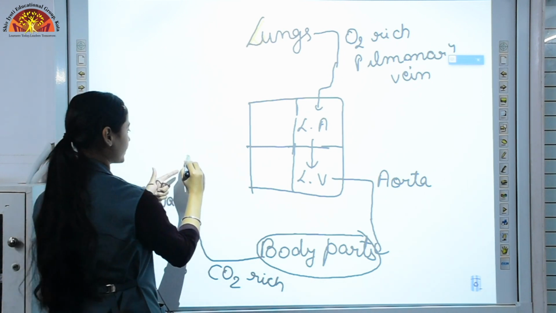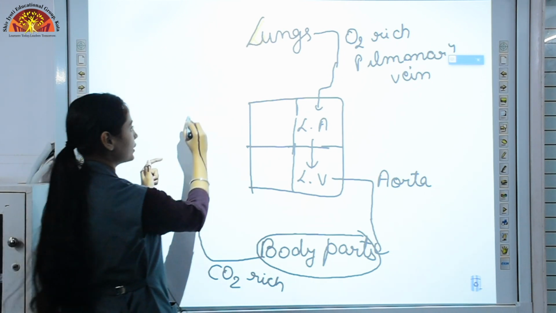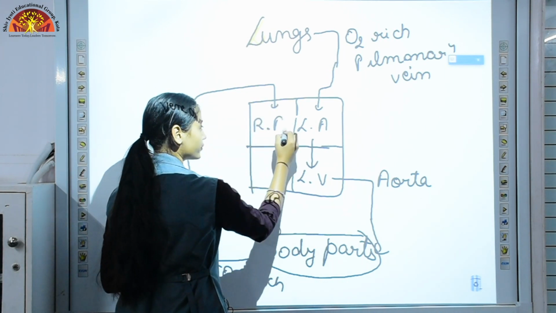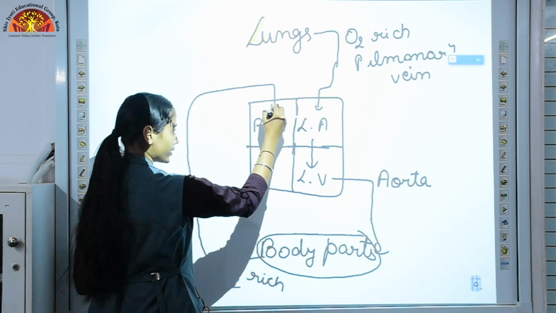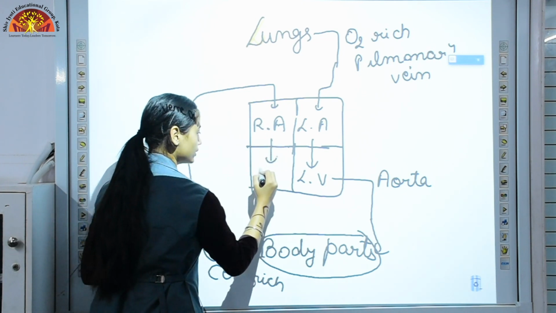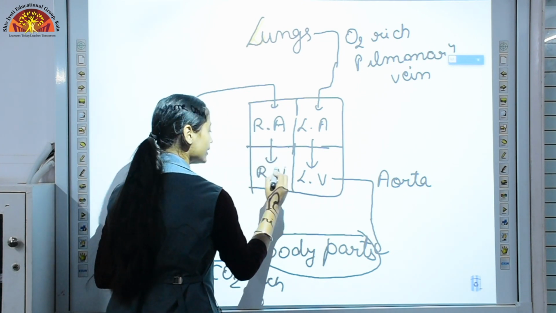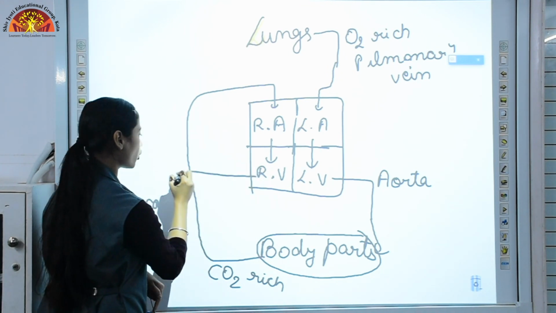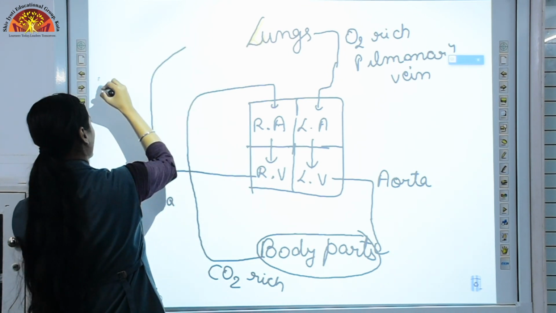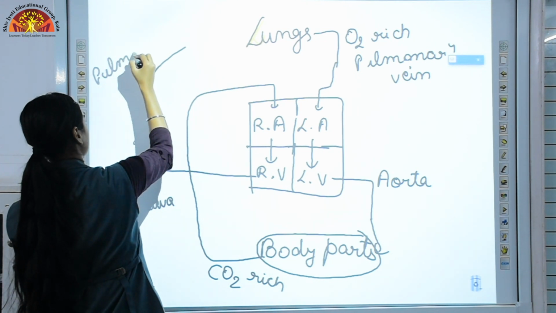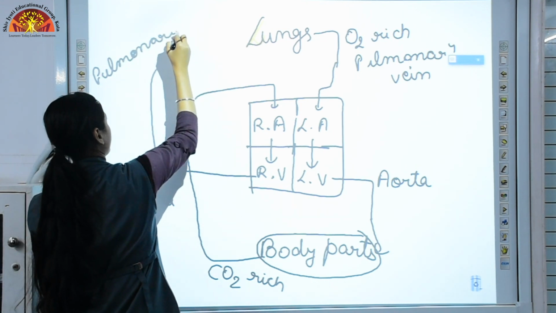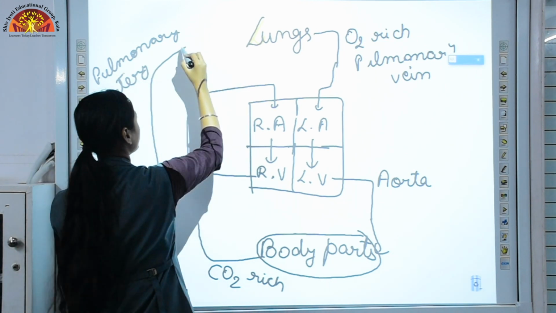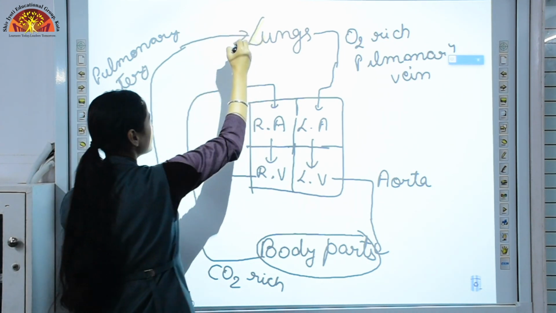Now through this vena cava, this carbon dioxide rich blood will enter in right atrium. Through right atrium it will move to right ventricle, and from right ventricle with the help of pulmonary artery, next exception, pulmonary artery, it will be sent to our lungs.